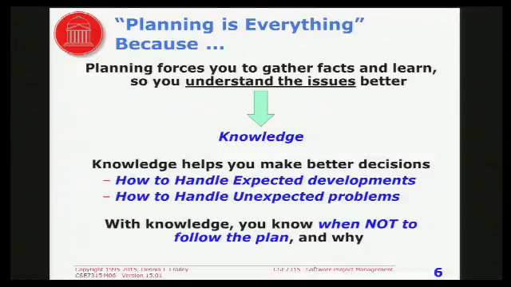Well, if you've planned your trip, you might say, oh, well, obviously we're not going to go anywhere on this highway, but I know there's another highway over there we can take. It's not as fast, but at least I know where it is. Just turn right here and go 5 miles and we're there. That's an example of knowing when not to follow the plan, because circumstances are different.